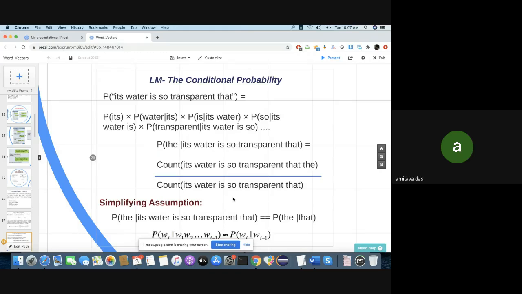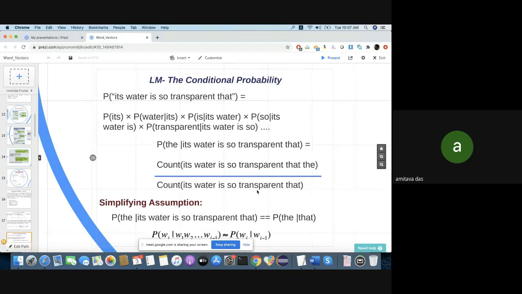The problem is that language is so diverse, we can use it in so many ways. This whole sequence possibly will never occur, or may occur only one or two times, so the probability we get is very tiny. It may not be useful.